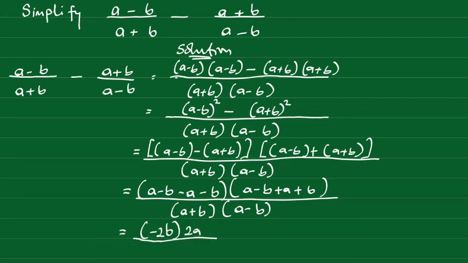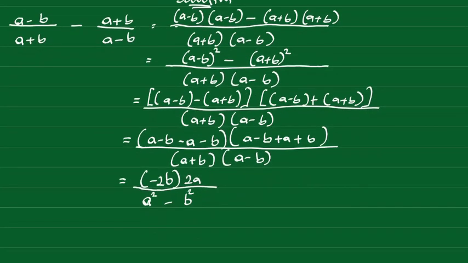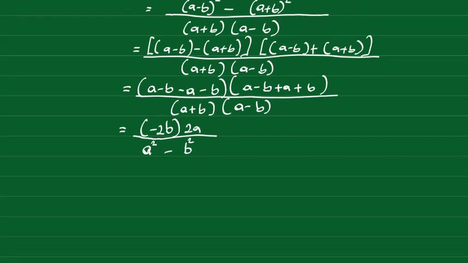Write down our denominator. At our denominator, we note that (a plus b)(a minus b) is a difference of two squares expression. Therefore, we can freely write it as a squared minus b squared. Now we continue.